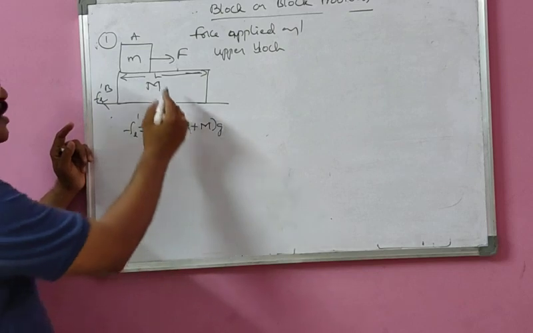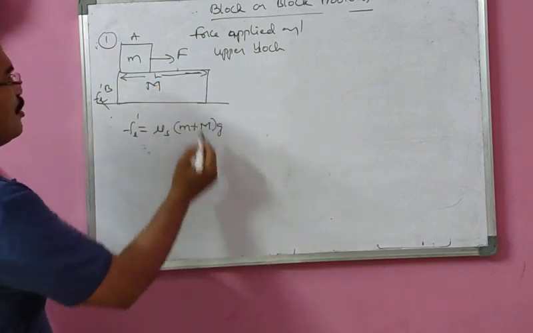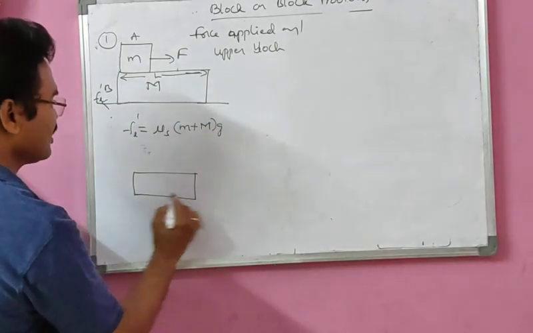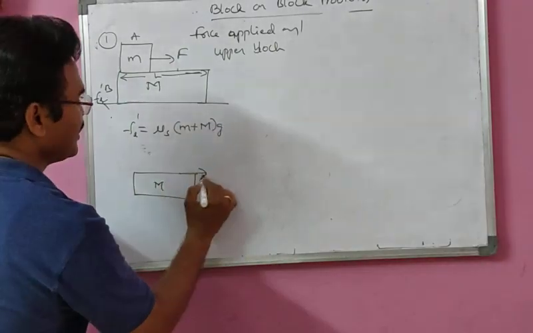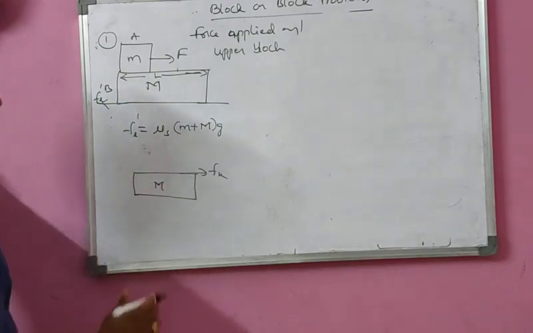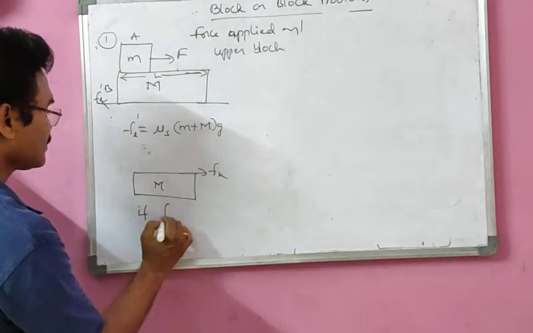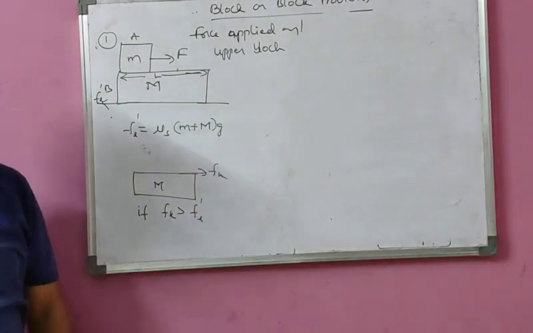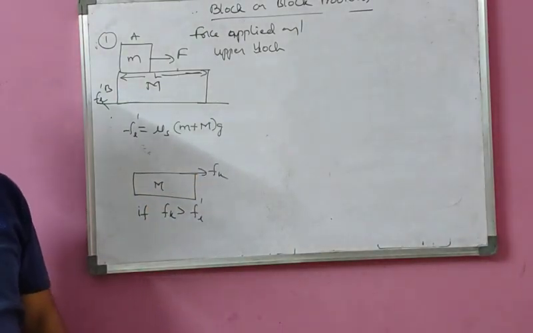Which one is pulling this one? Just now I told you in the FBD of the lower block, this is capital M, and Fk is pulling the lower block. If Fk is greater than FL dash, then what happens here?